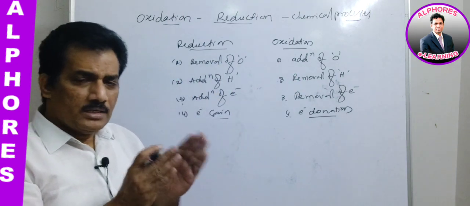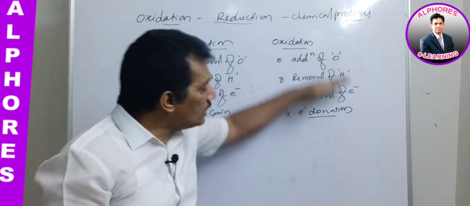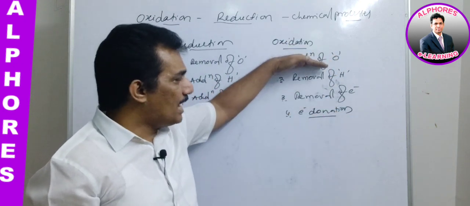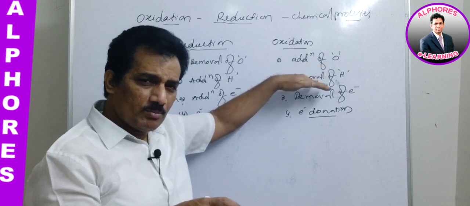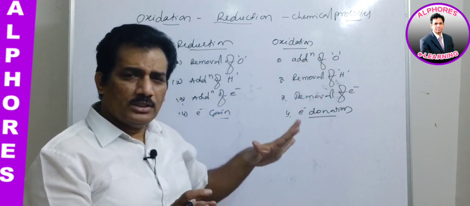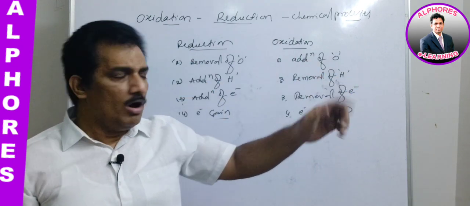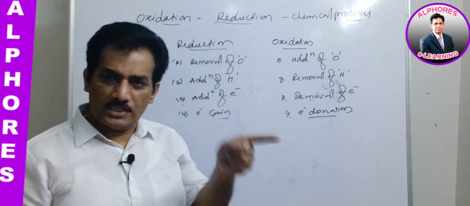With these opposite words we are defining oxidation and reduction, but actually we can explain these with a single word, which can cover all of these. That is, what is happening on the addition of oxygen, on the removal of hydrogen, or on the removal of electrons. The ultimate result of all these processes we can explain with a single word.